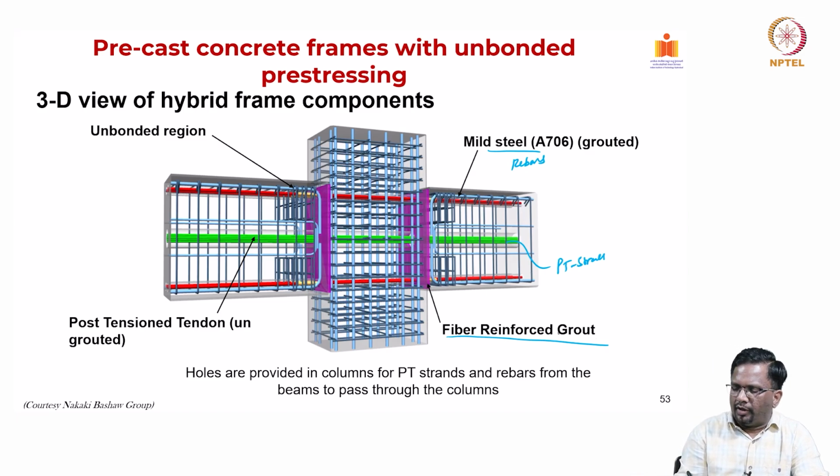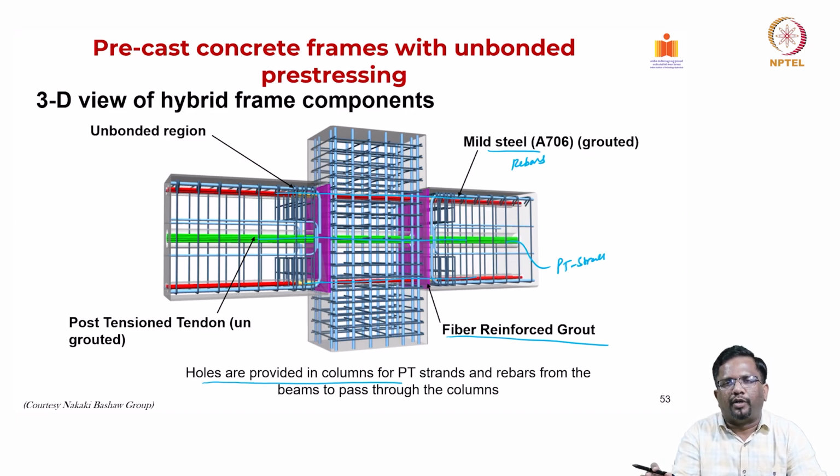And you see here typically holes are provided in the columns so that the green elements can go through, and similarly the red elements can also go through the joint. So in the columns, when you fabricate them, the holes have to be designed so that your PT cable and the normal mild steel rebar can go through the joint.